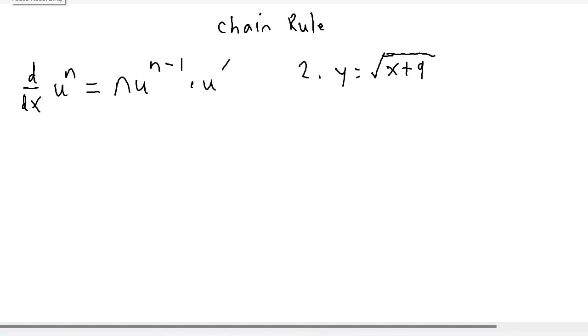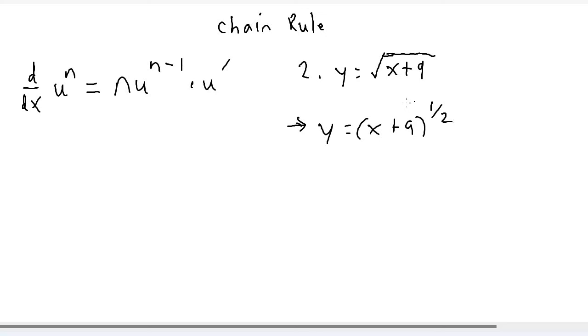Looking at the second problem, y equals the square root of x plus 9, in order to use the chain rule, we first have to change it so that it's in exponent form. So we're going to say y equals x plus 9 to the 1/2 power, because anything to the 1/2 power is the same thing as taking the square root of it.